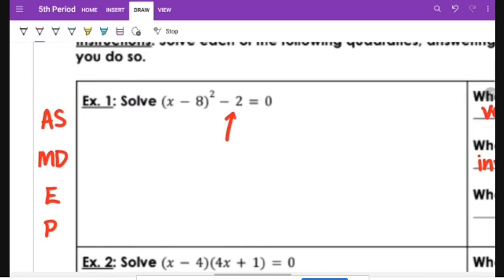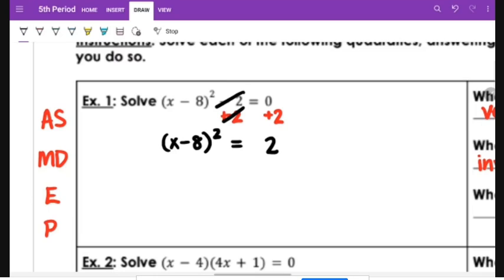So it's this minus 2 that we're going to undo first. We undo a minus 2 by using a plus 2 on both sides. So the minus 2 and the plus 2 will cancel each other out on the left. And now we have (x minus 8) squared equals positive 2.